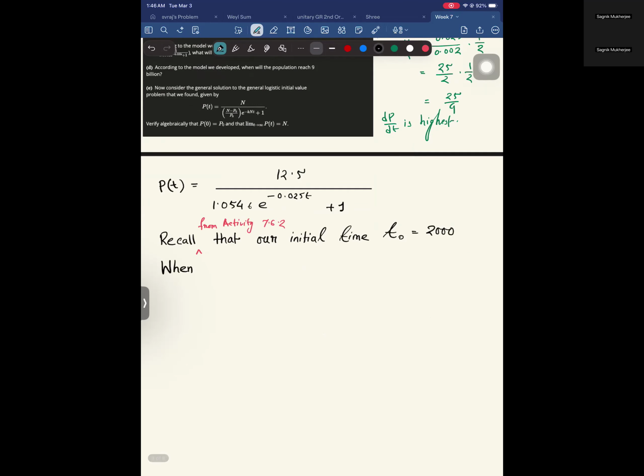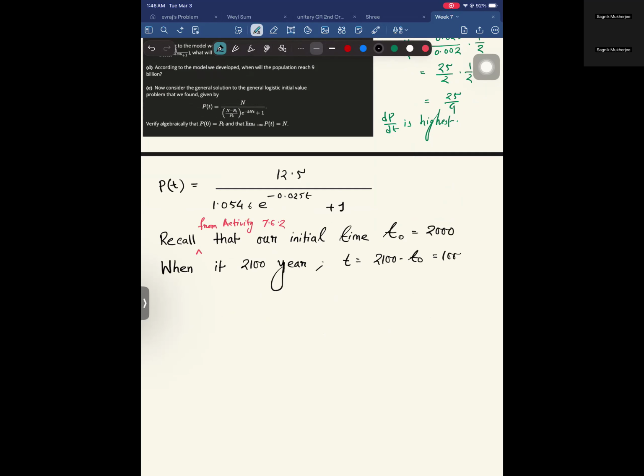So when the year is 2100, how much time has passed? t is 2100 minus t0, so this is 100.